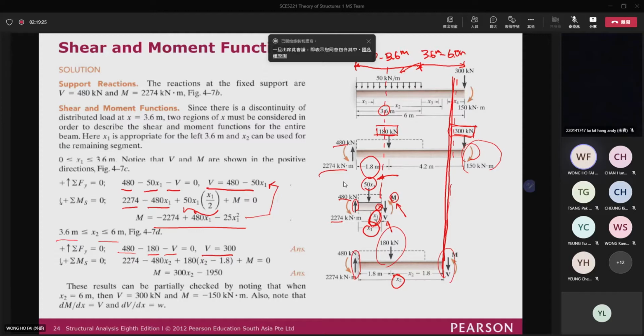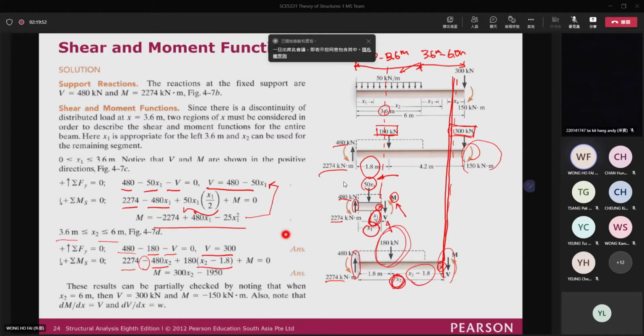And then we take moment on the right-hand side. You can see that the moment is equal to 2274 first, and then the shear force is equal to 480 times the distance x2. They cause the clockwise moment, so it is a negative value here. And then you have your 180, and then you take the moment arm equal to x2 minus 1.8.